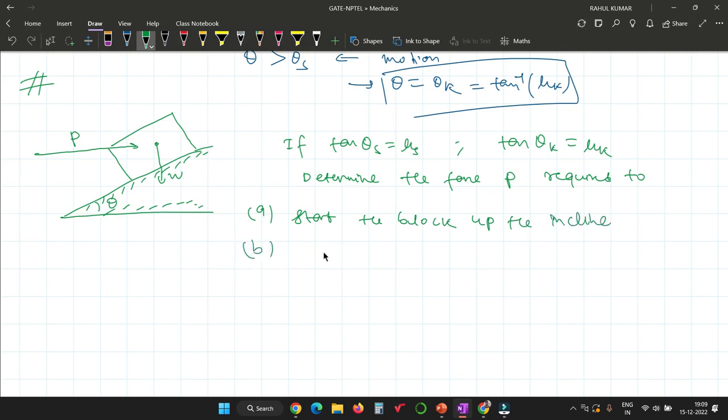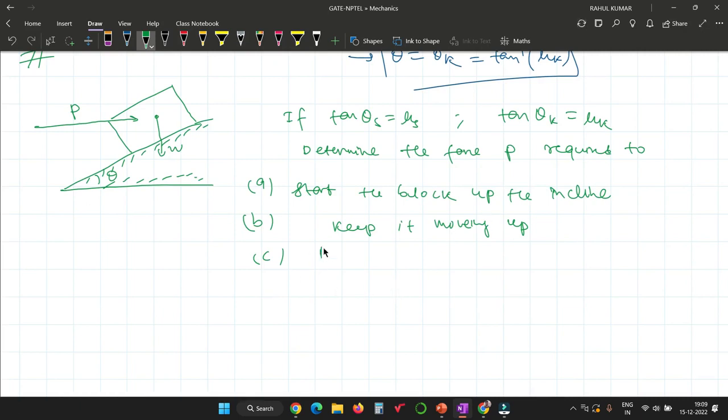And situation B is keep it moving up, and C is prevent it from sliding down. Solve this problem.